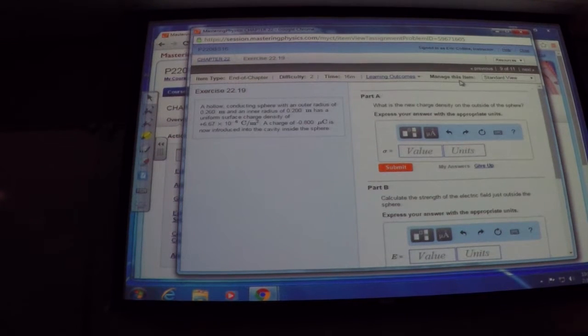And we're going to end up sticking a charge inside of it, Q. Q is equal to negative 0.8 microcoulombs.